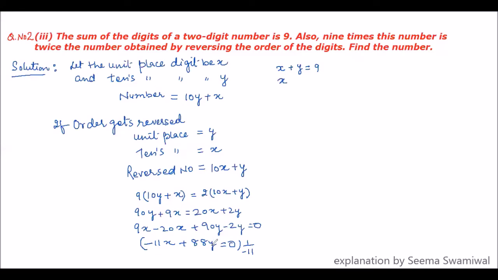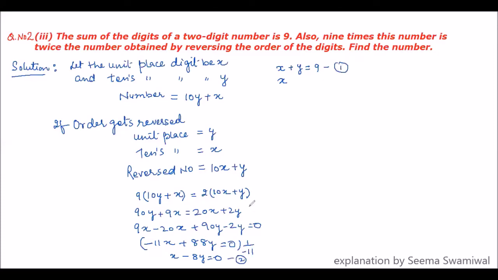And so the second equation we are going to get is x, and when this is multiplied with 88, first of all, this is plus and this sign is minus, so plus minus is minus, and this will be minus 8y is equal to 0. So this is the first equation, and here you got the second equation.